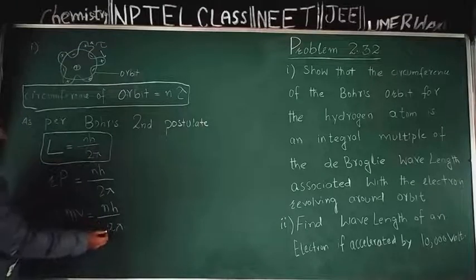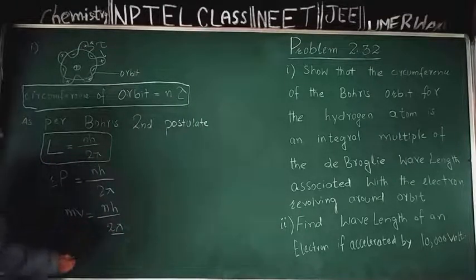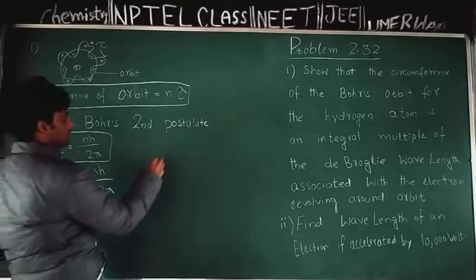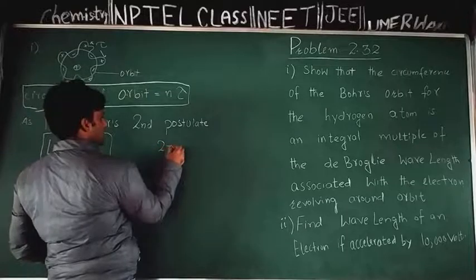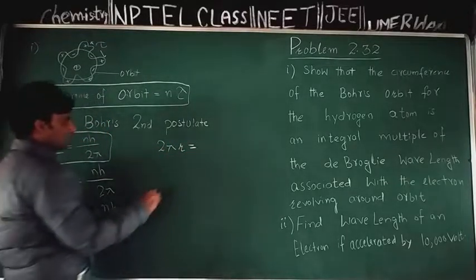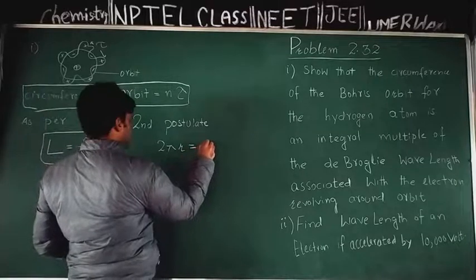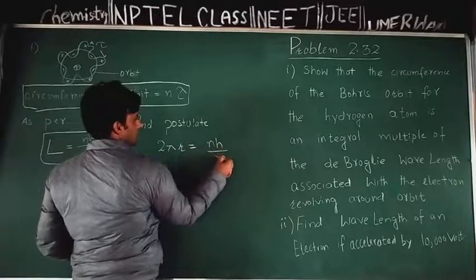Circumference of circle is equal to 2 pi r, so I will take 2 pi here and mv I take in denominator. I will get 2 pi r is equal to nh by mv.